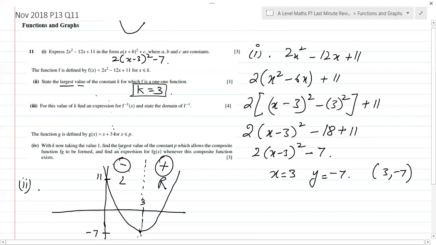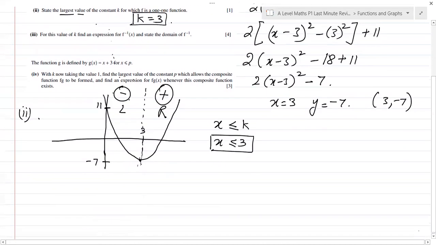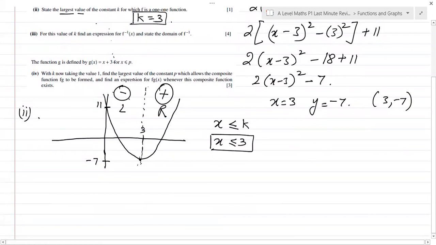For this value of k, which is 3, find an expression for f inverse and state the domain. Why are they saying this value for k? Because we have considered x being less than or equal to k. That means x is less than or equal to 3 because we got k as 3. So in this case, it has to be less than or equal to 3, and it says the largest value.